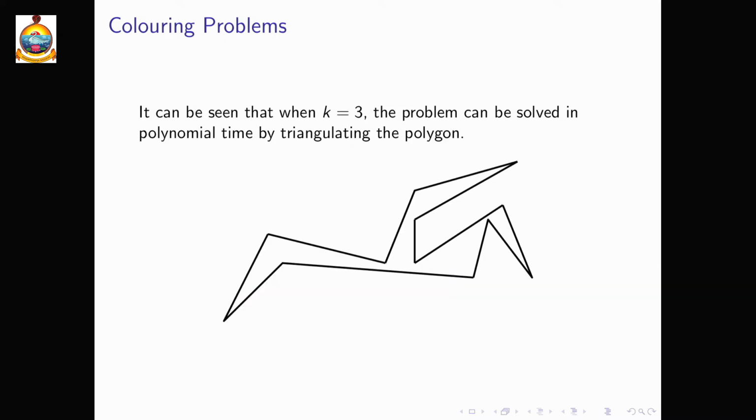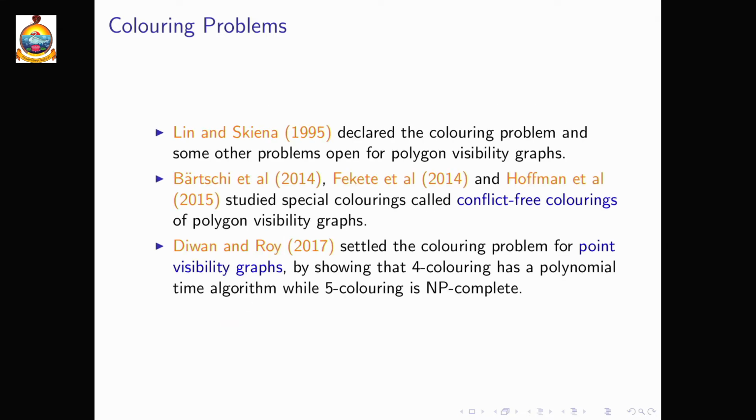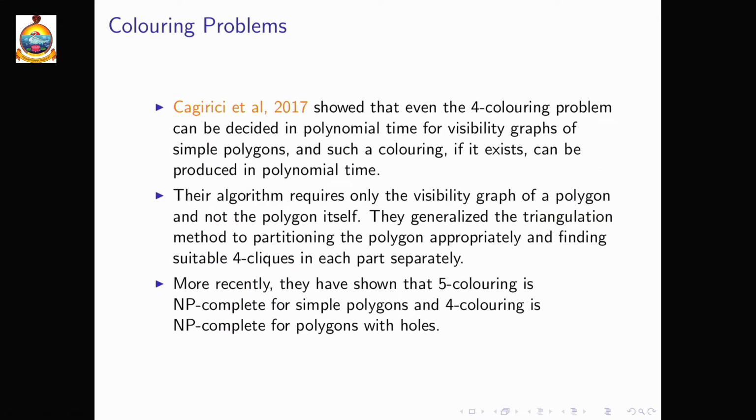This we have solved last year. Yes, we have shown that 4 coloring can be solved for polygon visibility graphs in polynomial time, and the 5 coloring becomes hard for simple polygons, and 4 coloring itself is hard for polygons with holes. Okay. So, this is normal coloring.